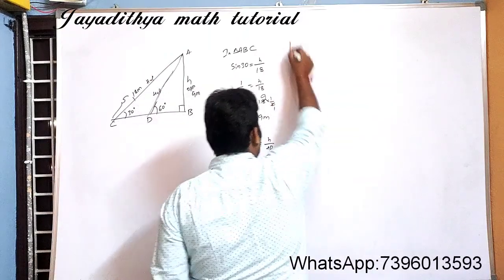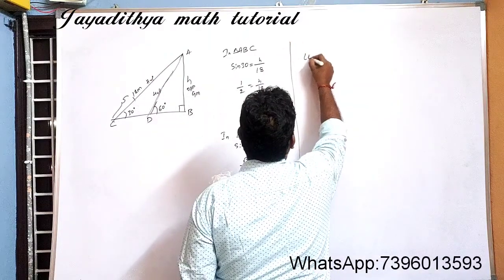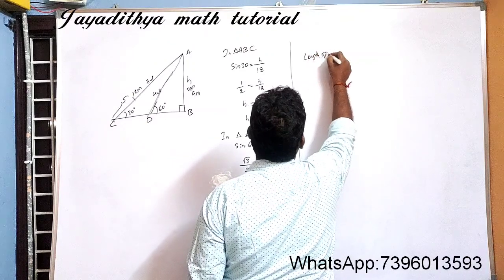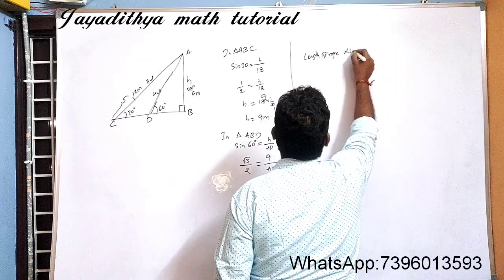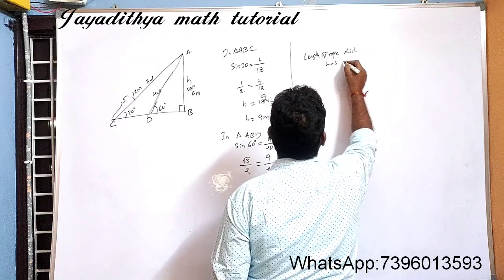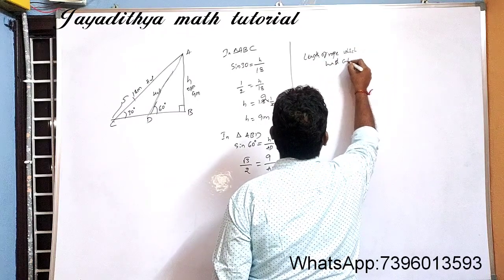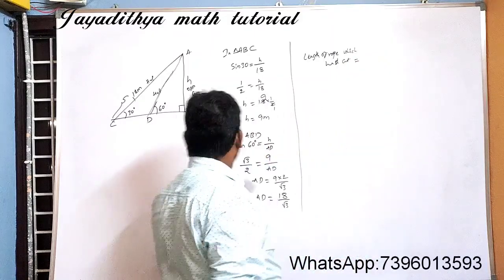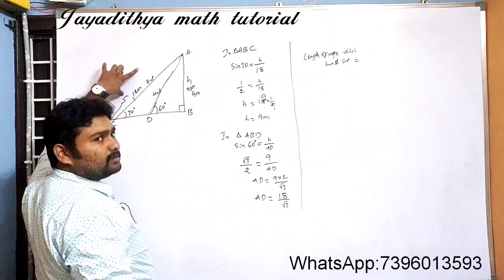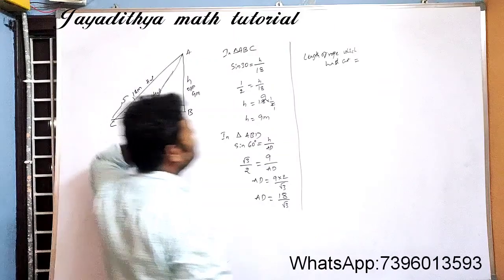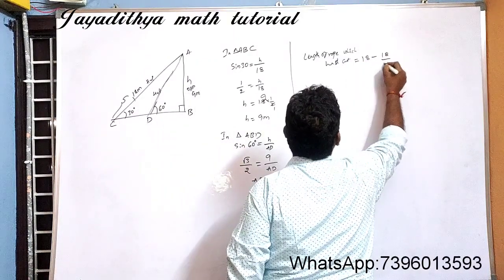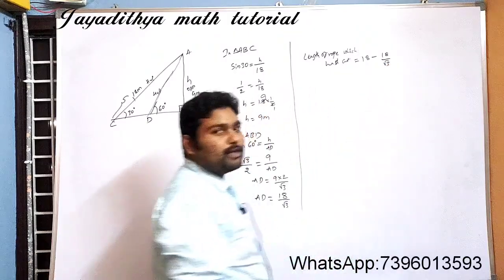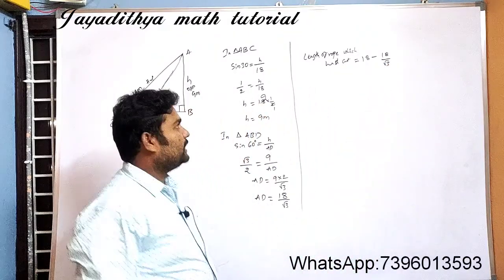So the length of the rope which has been cut is equal to, this will be the lengthier one, so from 18 you need to subtract 18 by root 3.